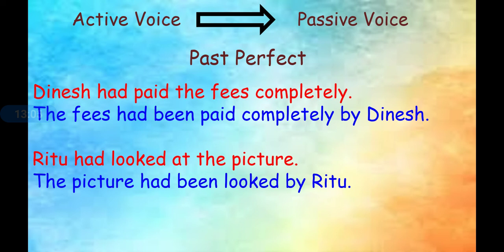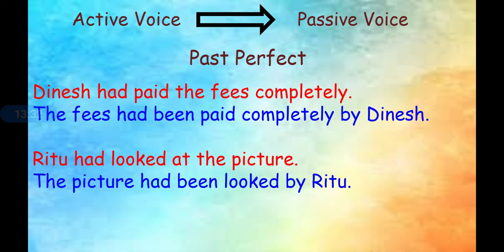Let us know how to convert active voice into passive voice when a sentence is there in past perfect tense. Dinesh had paid the fees completely. Here, Dinesh is the subject and the fees is the object. And the fees will become subject of the passive voice. The fees.